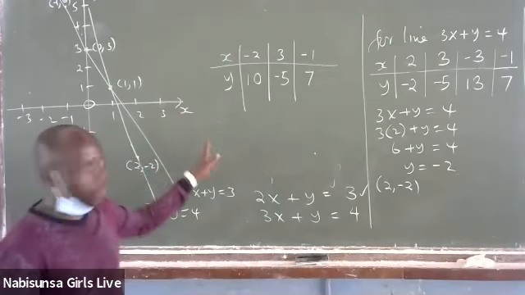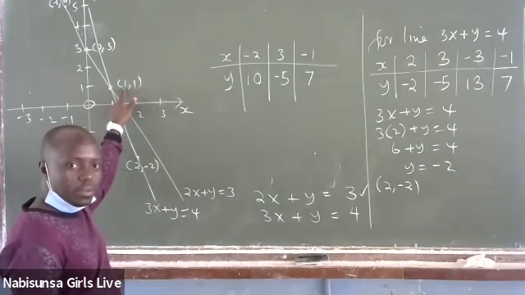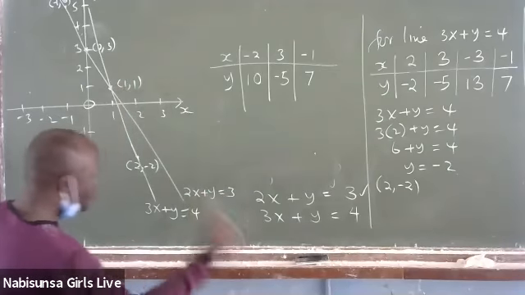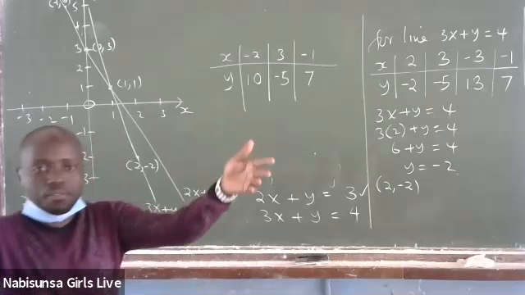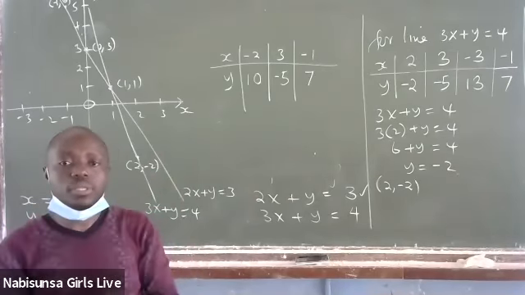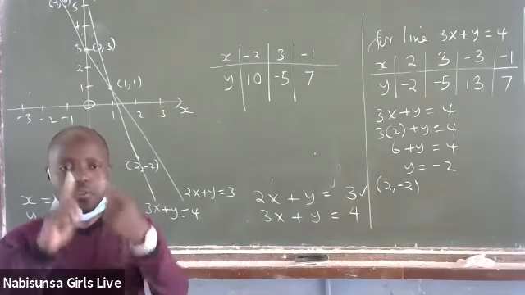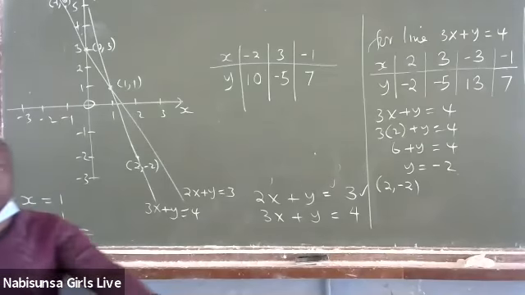Like for our example, they are meeting at 1, 1. It means x is 1 and y is 1. So your conclusion should be x is 1, y is 1, because this is the solution. This is what we are looking for. So don't leave the answer on the graph. When they meet, at that meeting point, there is a coordinate; read it and translate it into this writing. I hope I have answered it.